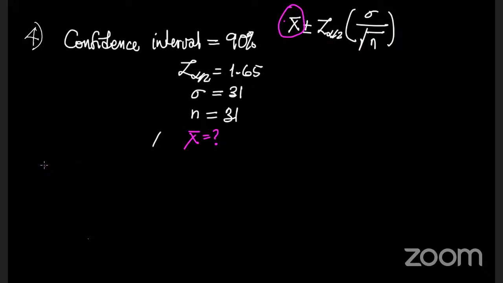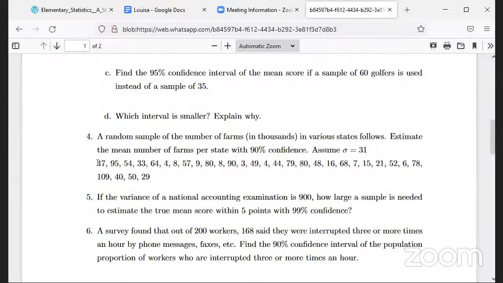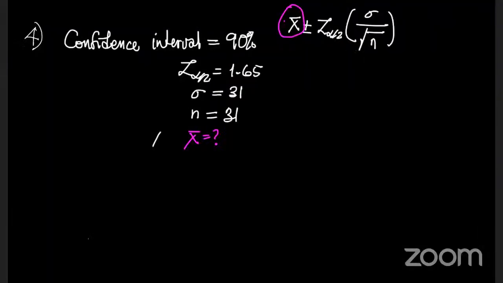The mean is calculated as the sum of all of these values divided by 31, since there are 31. You can try that on your own.